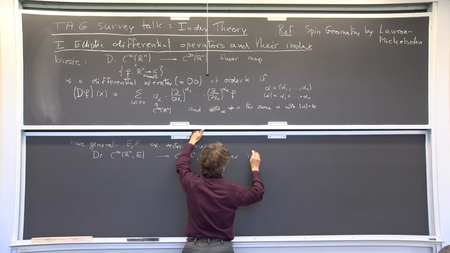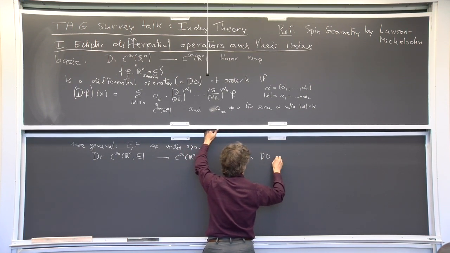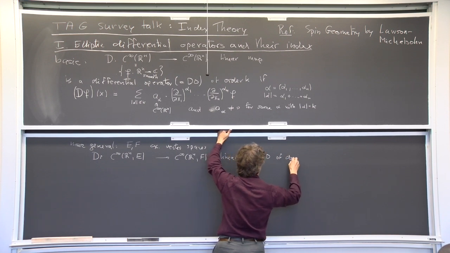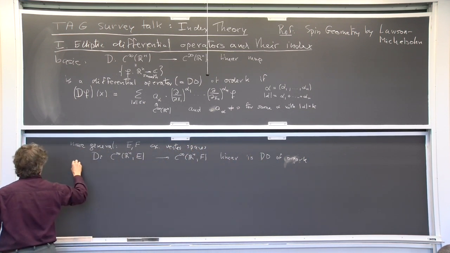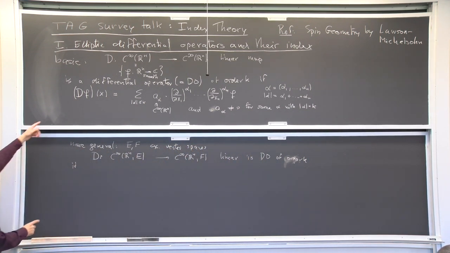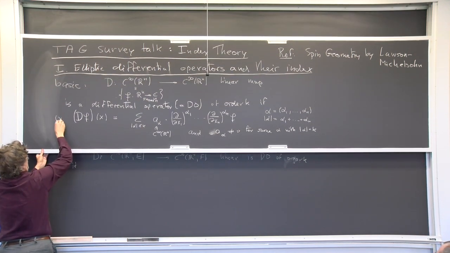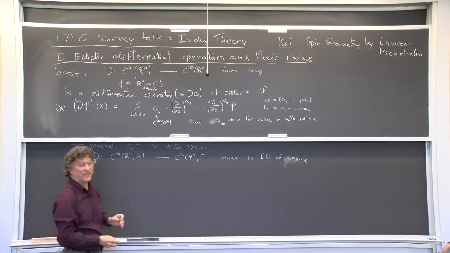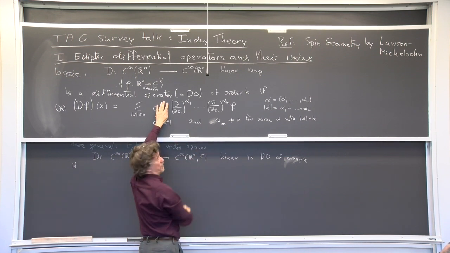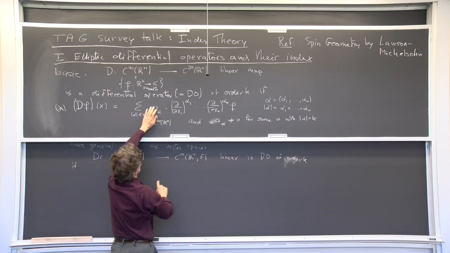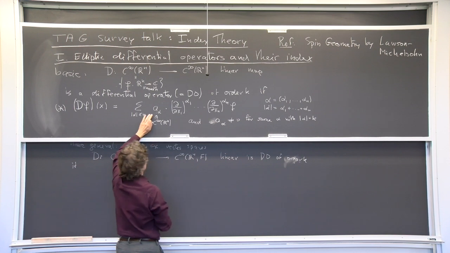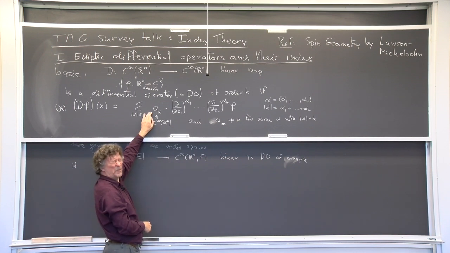Then D is a differential operator of order k if it has this form, but now the understanding needs to be a little bit different. If you differentiate this E-valued function a bunch of times, you still get an E-valued function. So the coefficient needs to turn this E-valued function into an F-valued function.